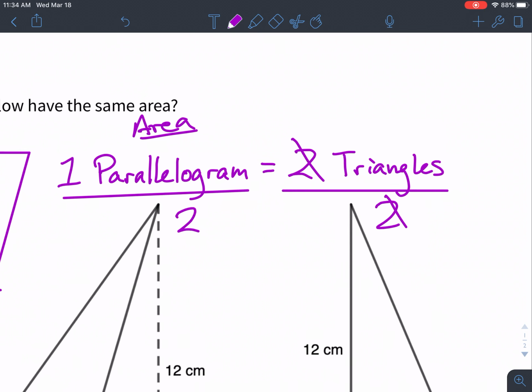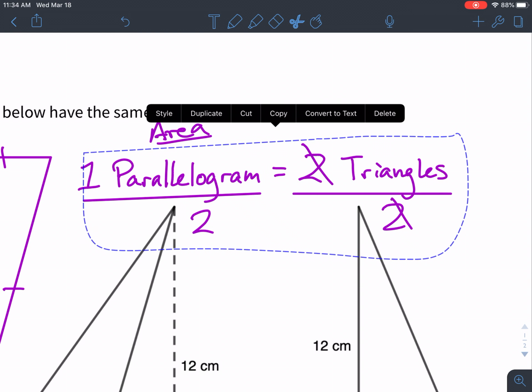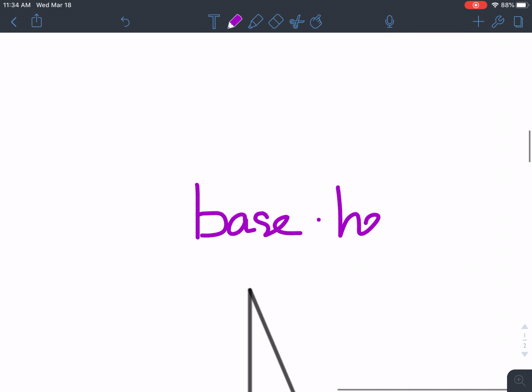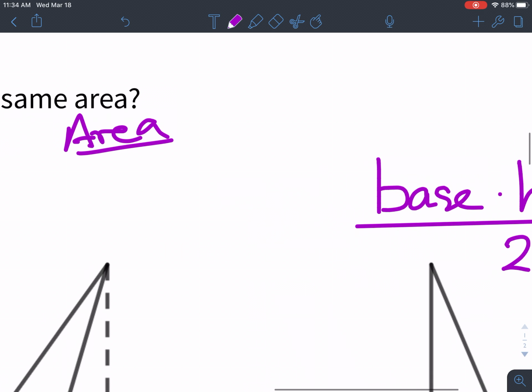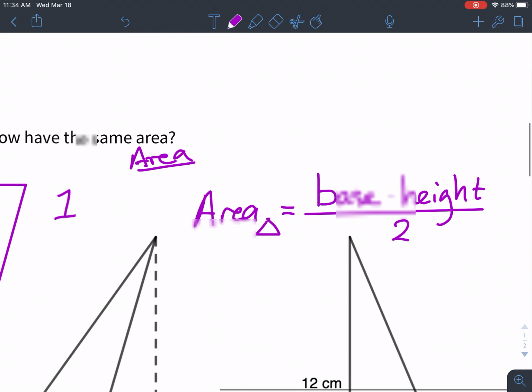The area of a single triangle is equal to half of the area of the parallelogram. But if we recall from yesterday, the area of a parallelogram is just base times height. So if we want half of that to get the area of our triangle, then the area of a triangle is equal to base times height over 2, or 1/2 base times height.